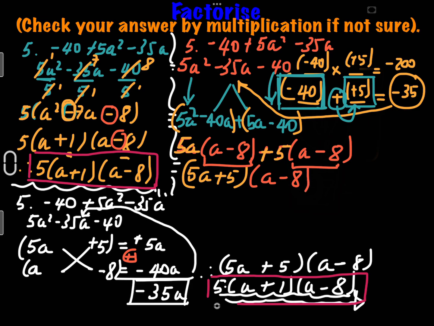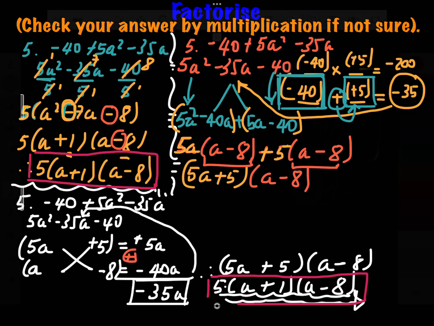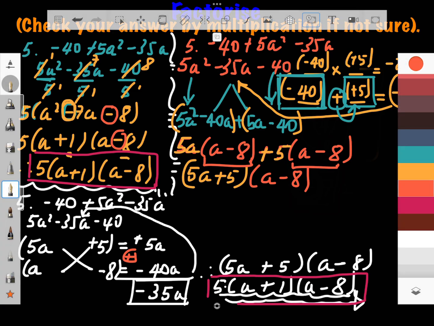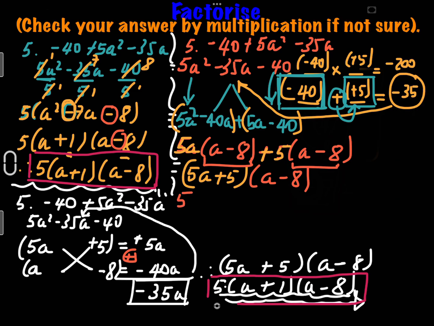And in a nutshell, we are almost done. One last step is now to find the common factor of the first parenthesis. So we have, in this case, 5. So a plus 1 multiplied by a minus 8, close bracket.